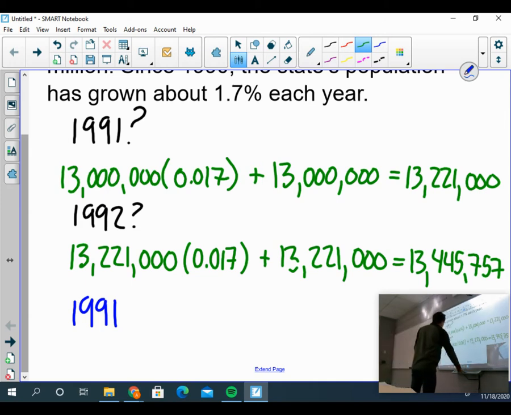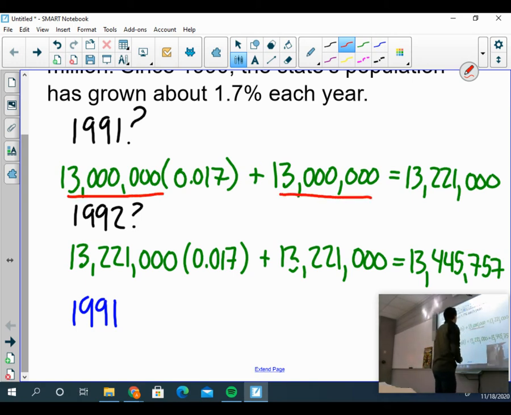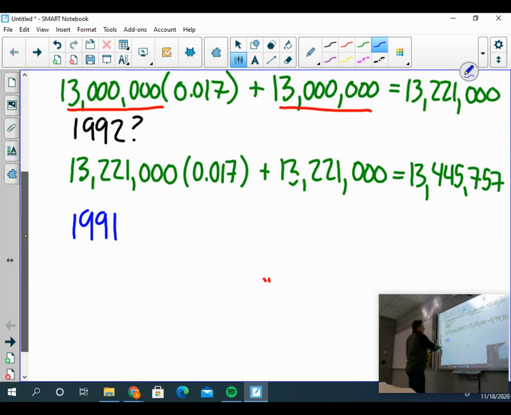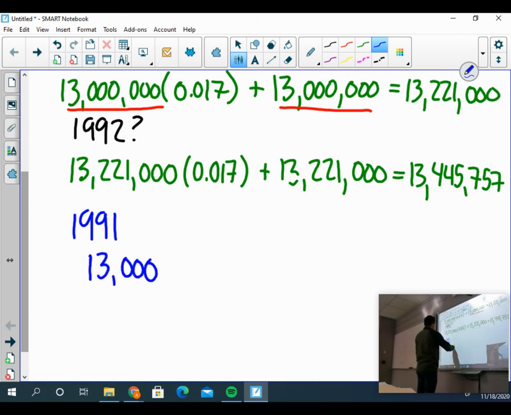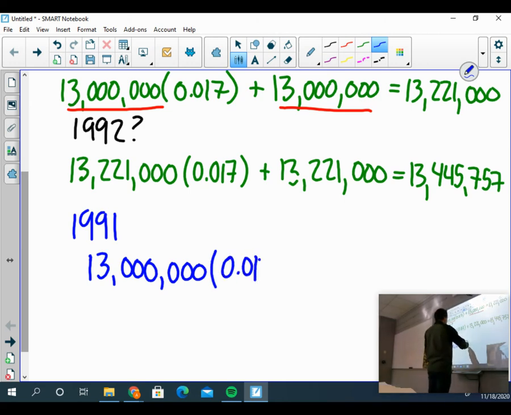So I'm going to rewrite what we learned in 1991 by identifying a greatest common factor. When I look at the left side, what do I notice? Each term has in common a 13 million. So what I'm going to do is take that 13 million out front. What's that leave me with? 0.017 plus 1.